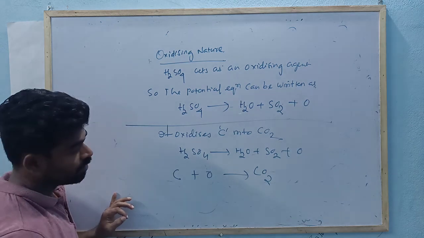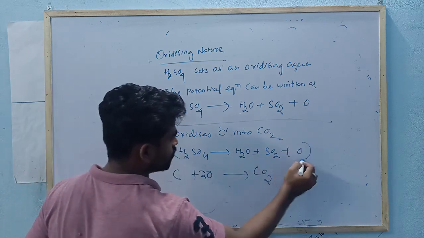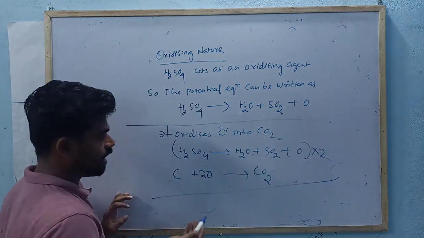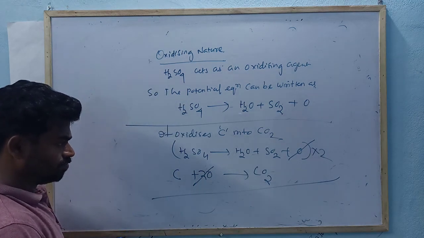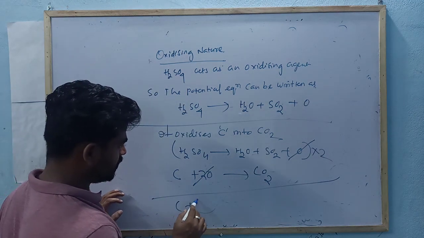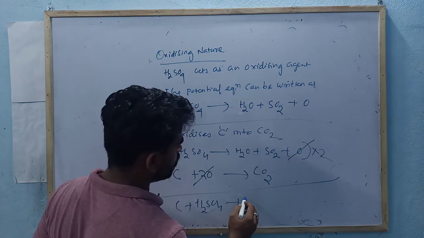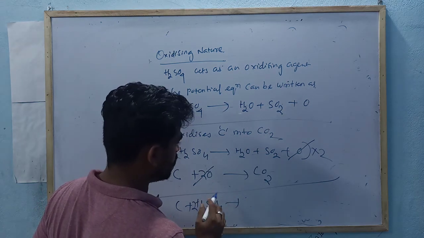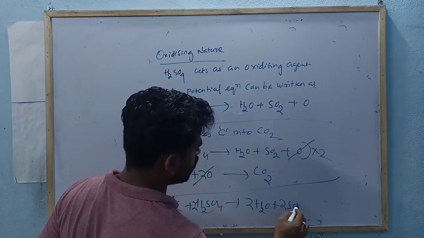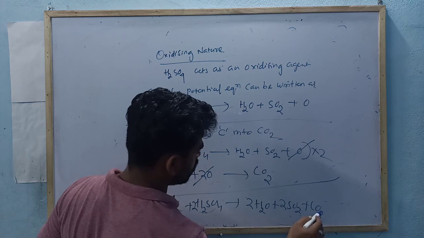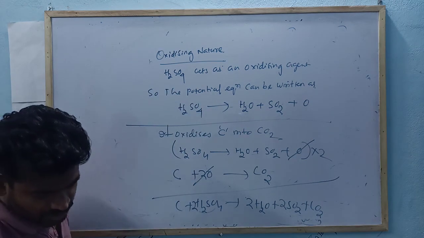Two nascent oxygens are there, so they should be cancelled when you add the equations. The final equation: C plus 2H2SO4 giving rise to 2H2O plus 2SO2 plus CO2.